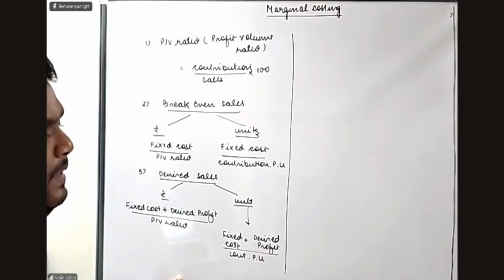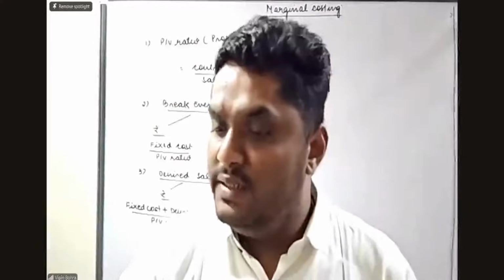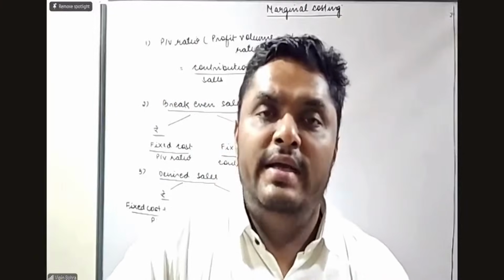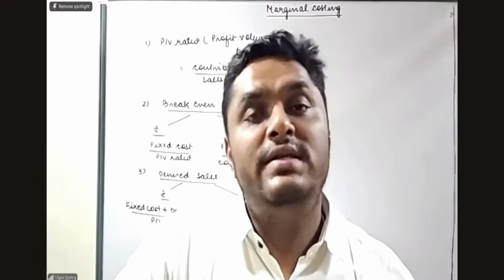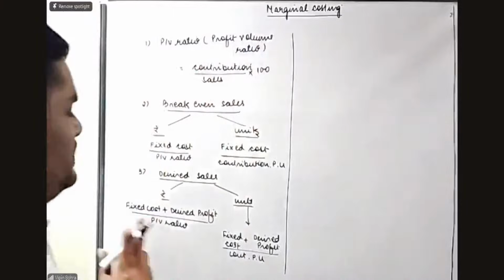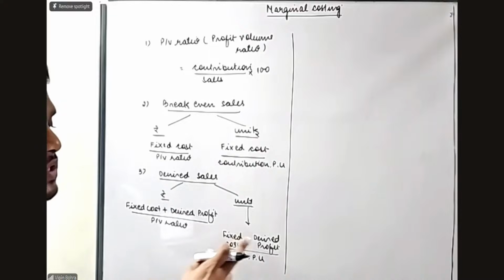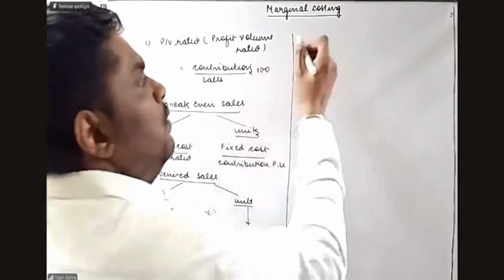So I repeat again, for desired sales, information will be given in the question as regards profit, and the examiner will ask you to calculate the sales to earn that much profit. So very simple, guys: fixed cost plus desired profit divided by PV ratio, and fixed cost plus desired profit divided by contribution per unit.